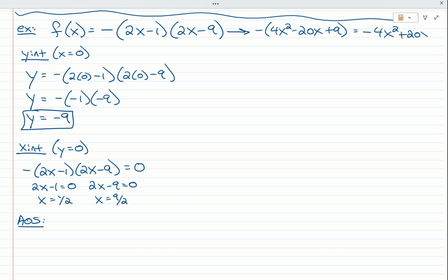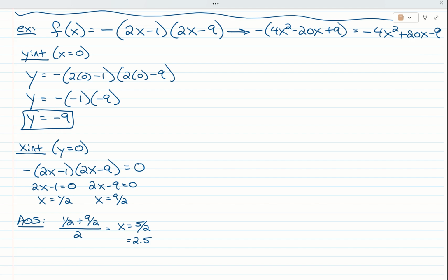You just have to remember to distribute this. In my opinion, it might just be easier to average out the x values. So 1/2 plus 9/2 is 10/2, which is 5. 5 divided by 2 is the same thing as 2.5.